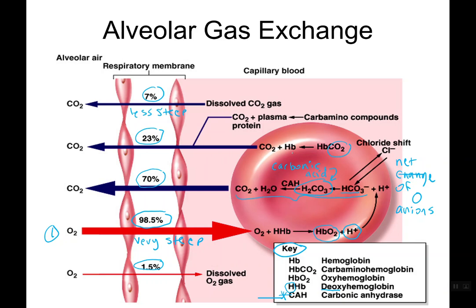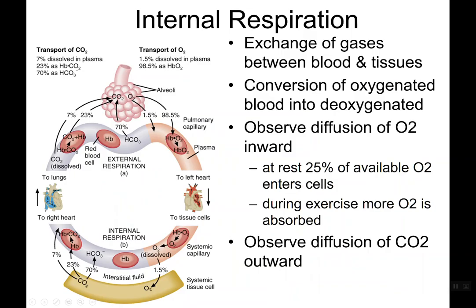This is going to dissociate into hemoglobin and CO2, and about 23% leaves that way, and that includes carbamino compounds, which are CO2 plus plasma proteins, i.e., albumins, etc. Basically, amino acids have charged side chains, and CO2 can bind to portions of those, just the same way as it binds to charged side chains on the hemoglobin molecule. And then the remaining 7% leaves from the dissolved gas.